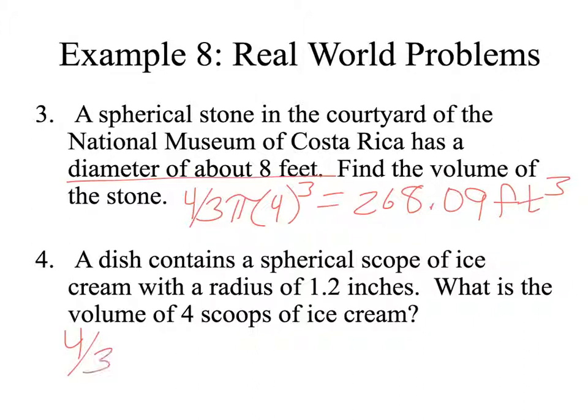Number 4, we have 4/3 times pi times our radius of 1.2 cubed. And we get a volume for 1 scoop to be 7.24. I'm going to multiply that by 4.